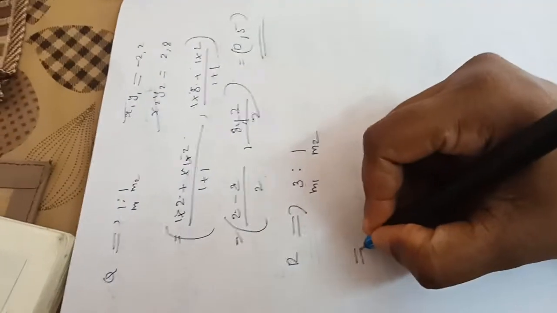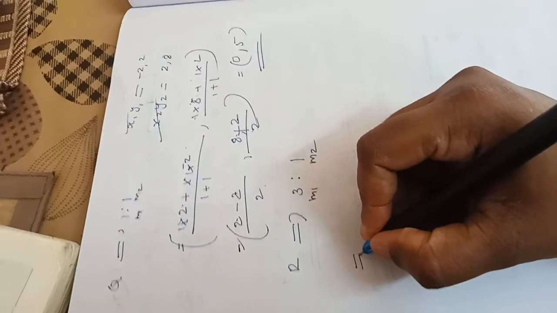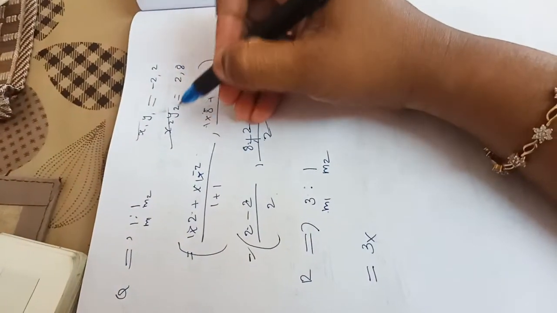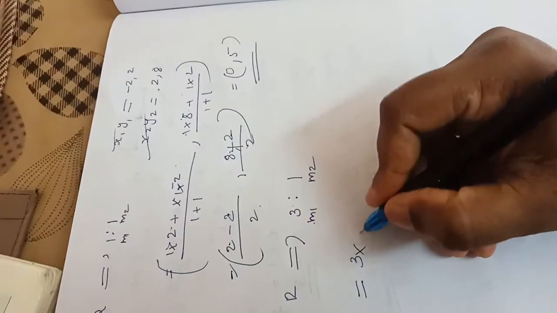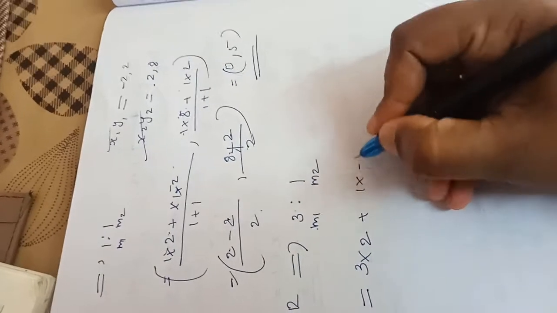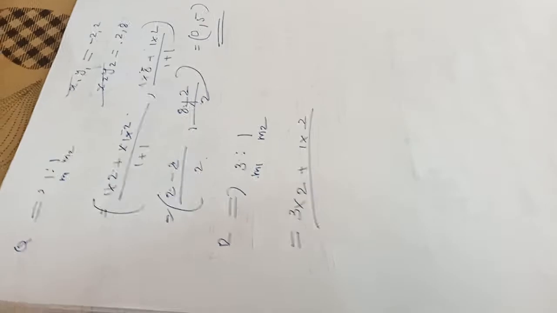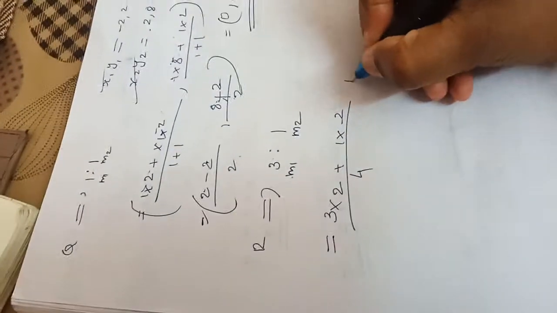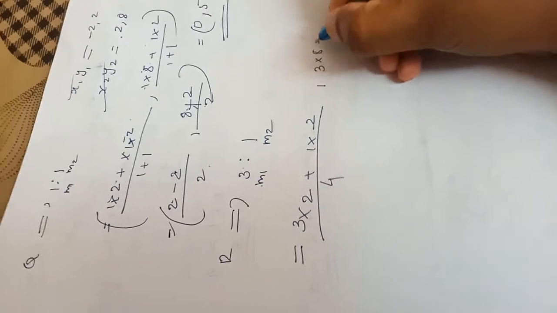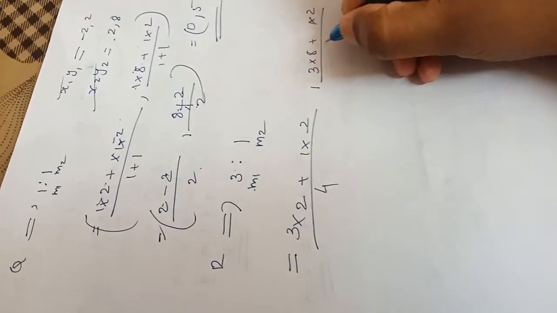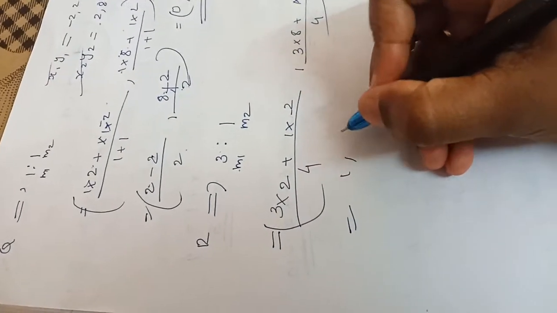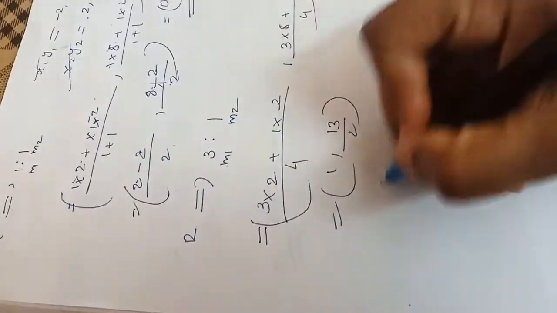Directly we can apply the equation: 3 into 2 plus 1 into minus 2, divided by 3 plus 1, which is 4, comma, 3 into 8 plus 1 into 2 divided by 3 plus 1, which is 4. Simplifying, we get the point 1 comma 13 divided by 2. This is the final answer.